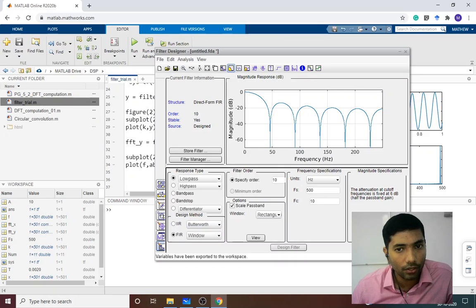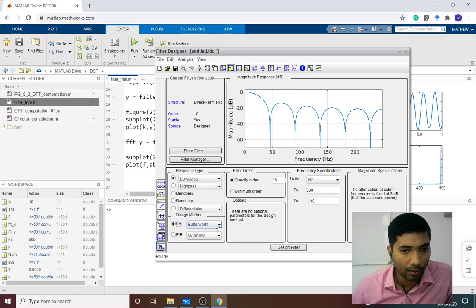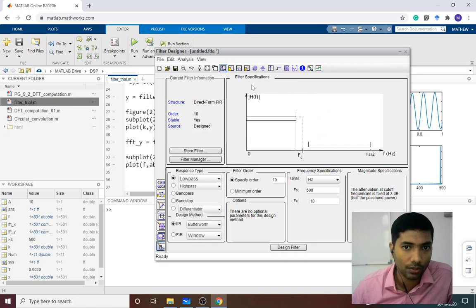Now let me try to design a low pass IIR filter, maybe a Butterworth filter for the moment. I have selected IIR here, and I have selected Butterworth here, and here you have an option to see the filter specifications. It was showing the magnitude spectrum, but I would like to see the frequency specifications of the IIR Butterworth filter.